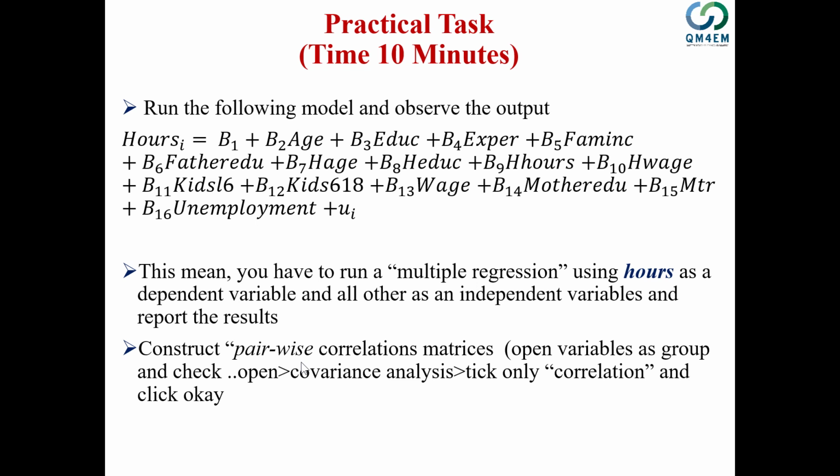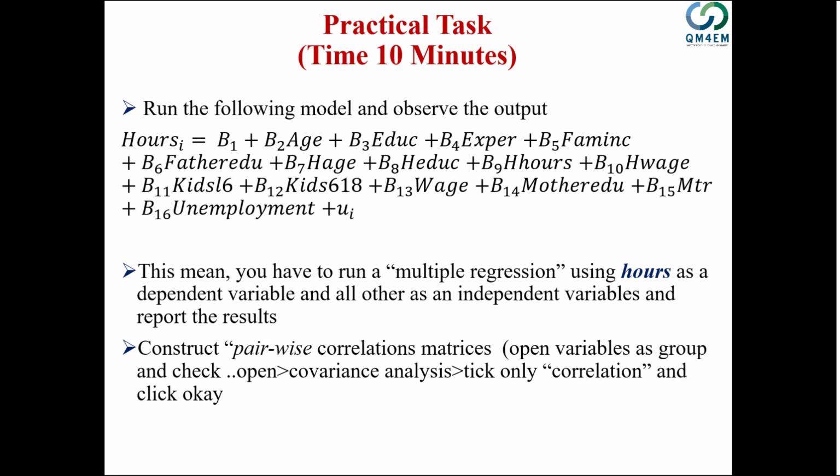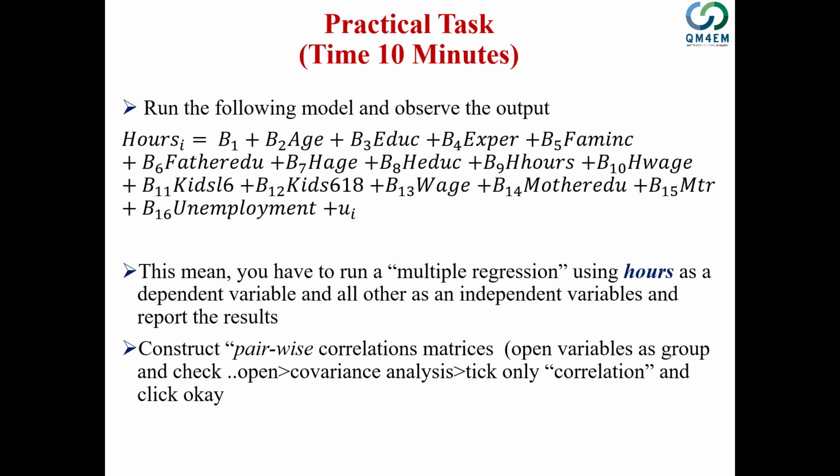When doing regression analysis, we do construct correlation matrices, and in these matrices we have all the explanatory variables. Let's say we construct a matrix in which we have all the explanatory variables, and we check the correlation among these. For example, we will see how age is correlated with education, experience, and all these 14 variables.